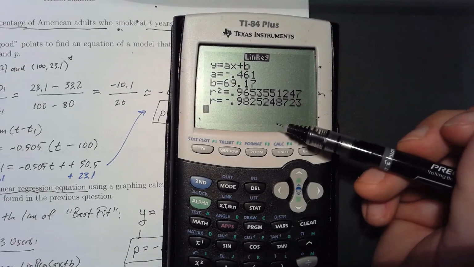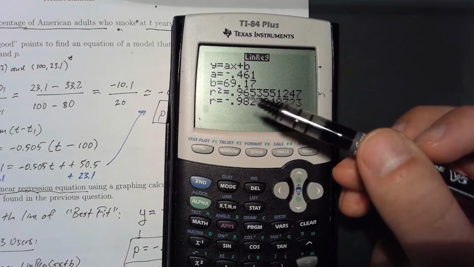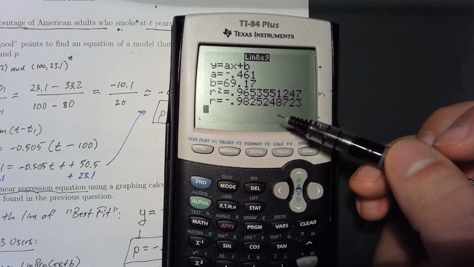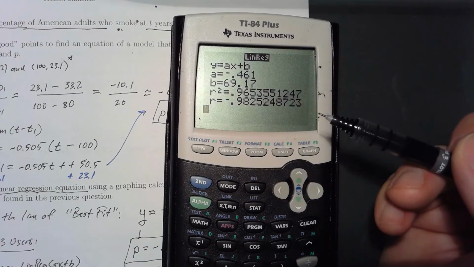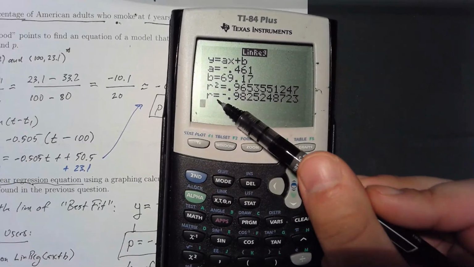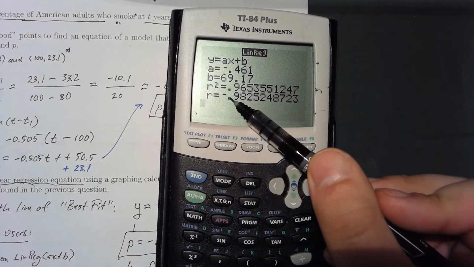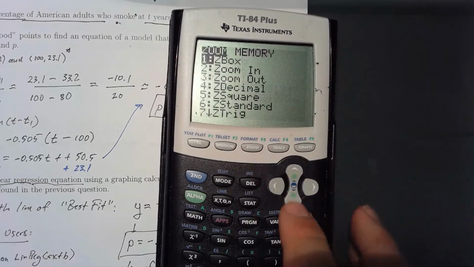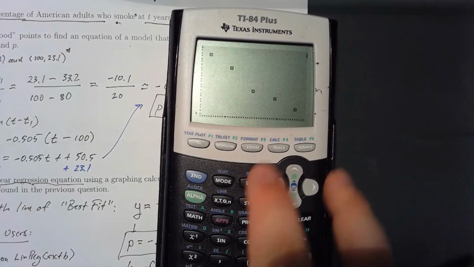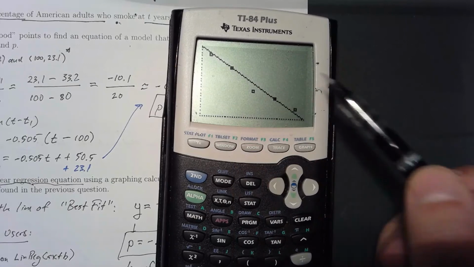Remember I talked about the linear correlation coefficient? The values of the linear correlation coefficient are between -1 and 1. Well, here it is right here. R is -0.98. It's negative because it's going down from left to right.